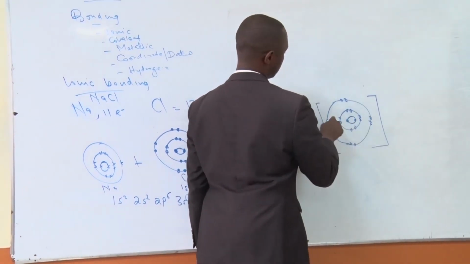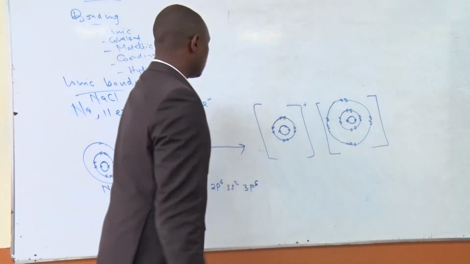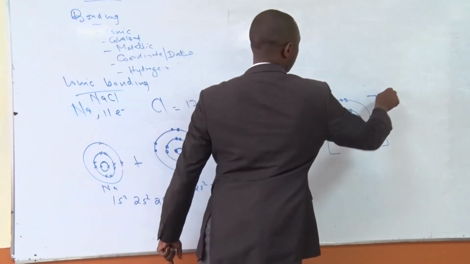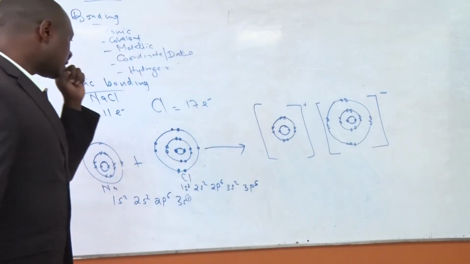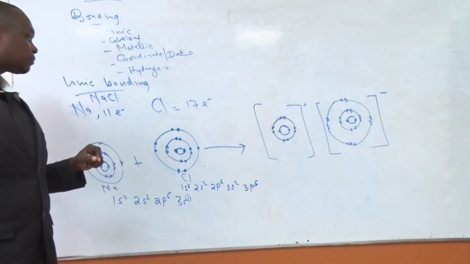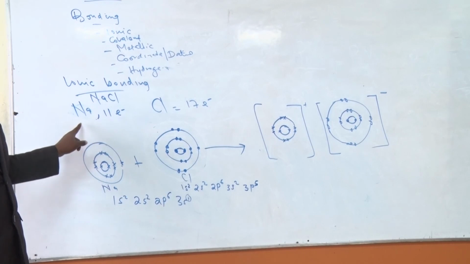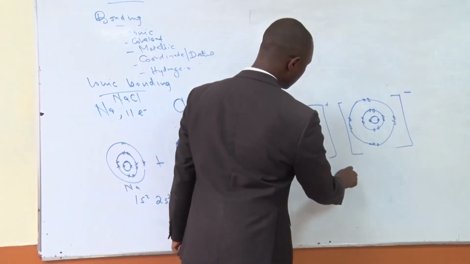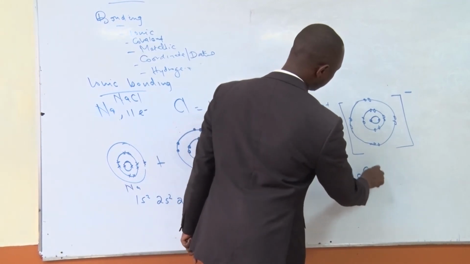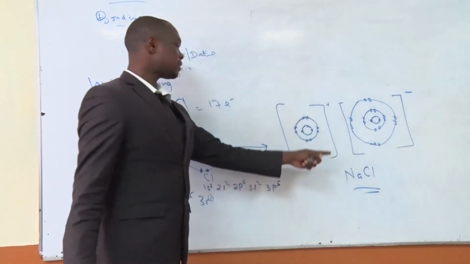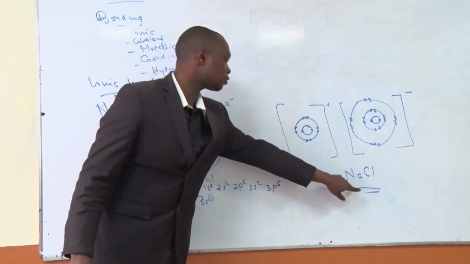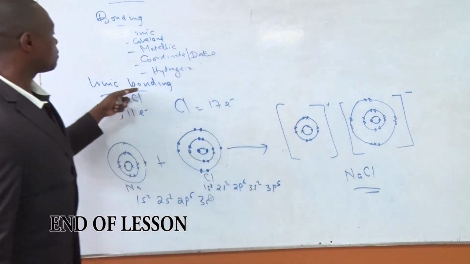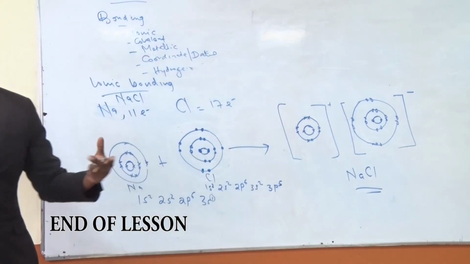So you say that chlorine is normally negatively charged, it is an anion, whereas sodium is a cation. So the compound we form is called sodium chloride. This bond formed between sodium and chlorine is an ionic bond. That is how we form the ionic bonds. Thank you.